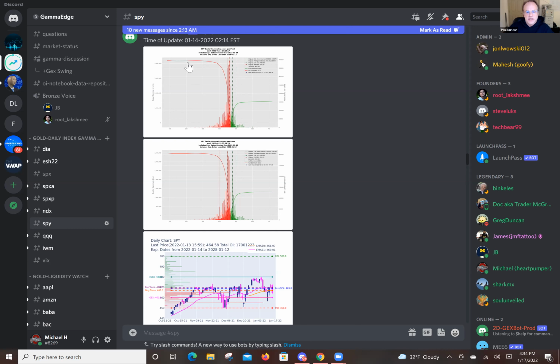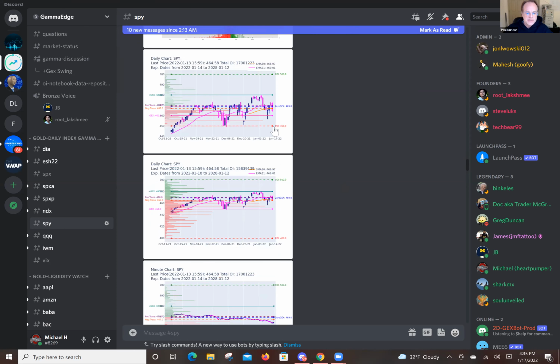When the red line's bigger than the green line, that means we're in a negative gamma condition. That can be a fairly significant series of events for us, meaning the dealers are most likely predisposed to sell any type of dip, which means we have an increase in volatility overall. So that's one of the key things I'm looking at.